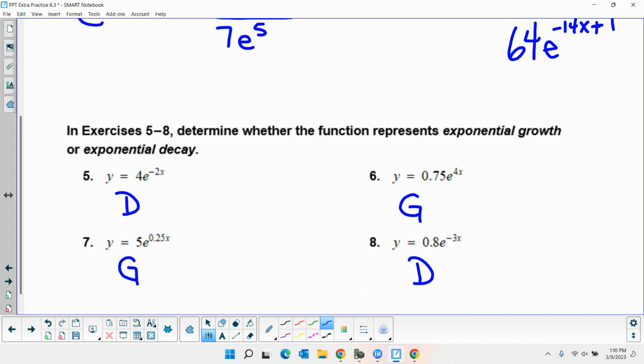Say again. I'm getting to it. Which problem?